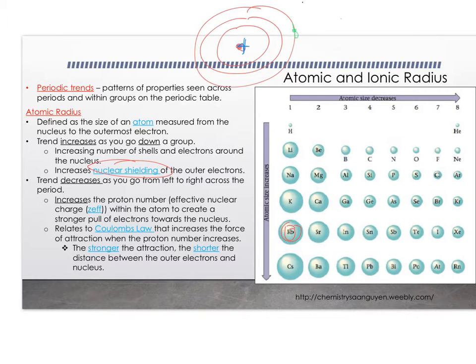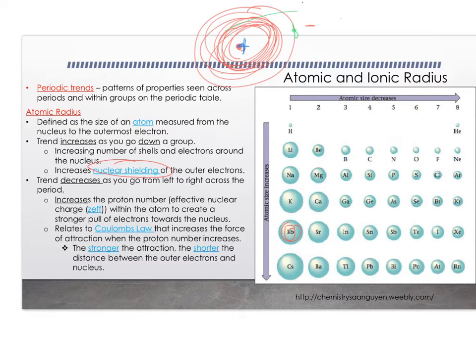So the more electrons you have shielding your nucleus, the more it's blocking the interaction of the positive and the negative charge of your electron. So by increasing the nuclear shielding of the outer electrons, you're decreasing the interaction between the outer electron and the positively charged nucleus.